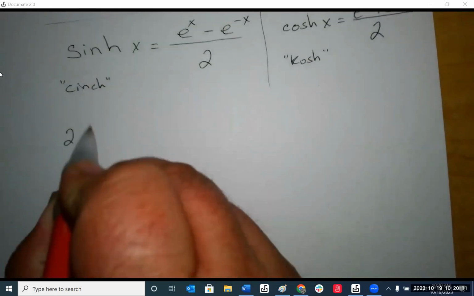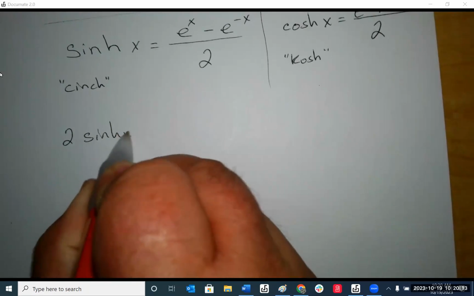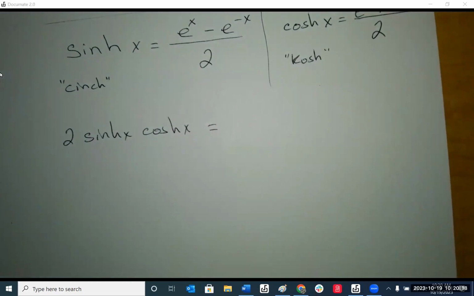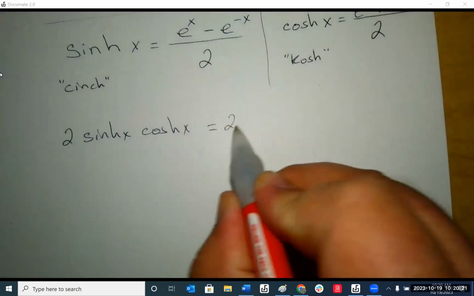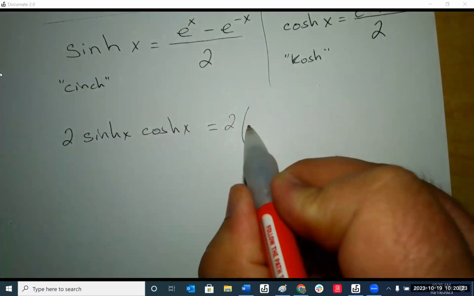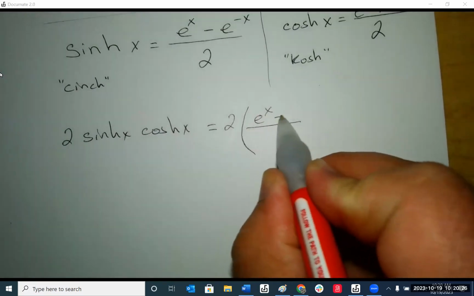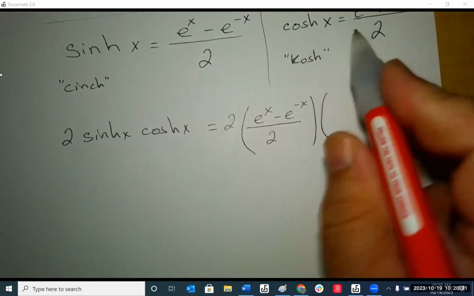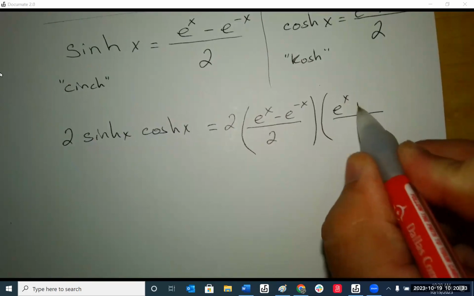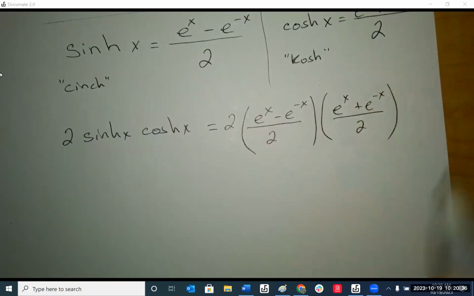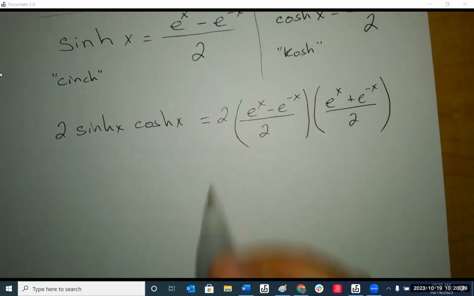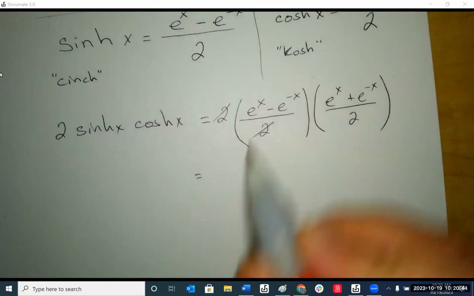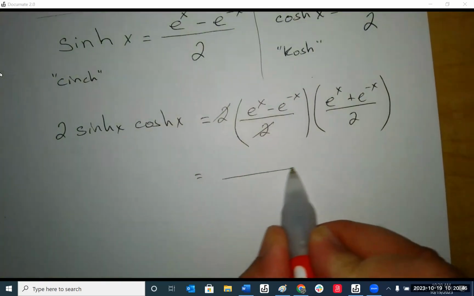Let's look at a double angle of the hyperbolic sine times hyperbolic cosine. So sine is e to the x minus e to the negative x over 2. This one's e to the x plus e to the negative x over 2. The 2 cancels, so we just have a 2 on the bottom.